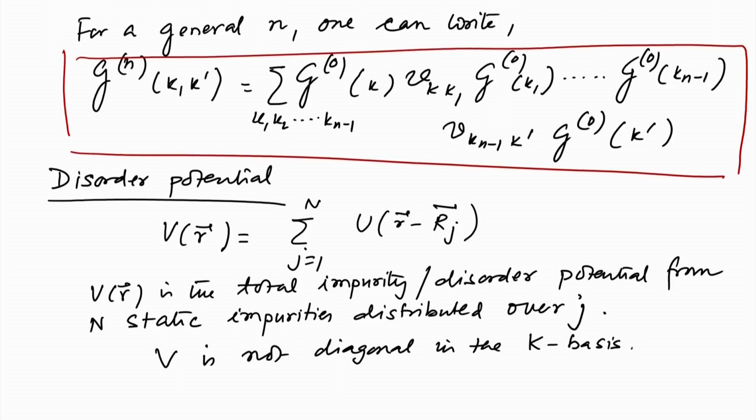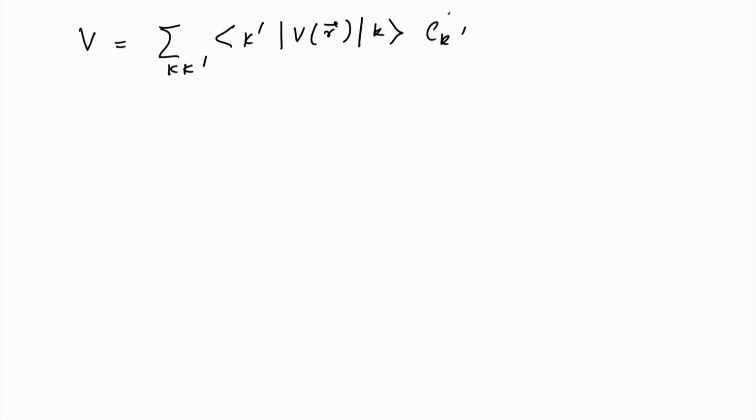Okay. And how do we know that? We can write down V, which is equal to the sum over k and k prime of the matrix element of V of r between k prime and k, times c_k prime dagger c_k.